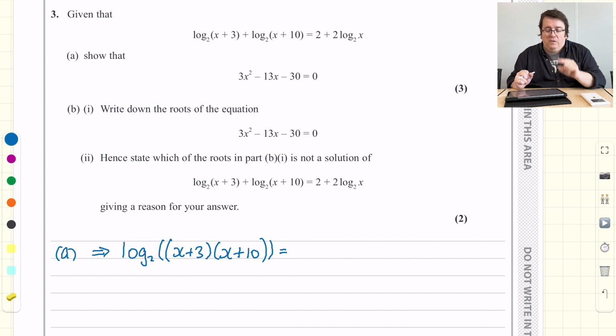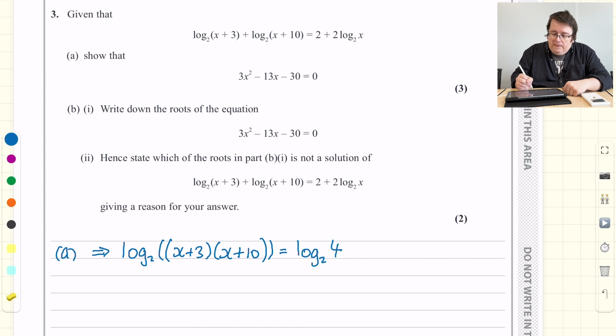Now the 2 in isolation is log base 2 of 2 squared. So that's log base 2 of 4. And the 2 in front of the log base 2 of x can be brought up to the power using the power rule. So that's log base 2 of x squared.